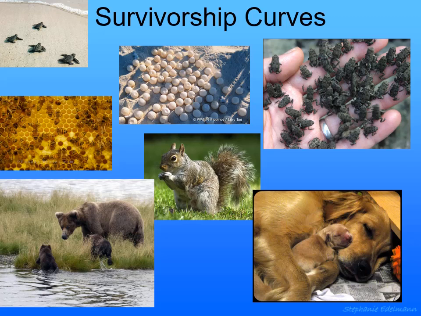Which brings us to the next organism, bees. Now, on the previous slide, it said that insects generally are type 3 because you have a lot of them, and then, you know, they're very likely to die. Bees, I would allow you to argue both a 2 and a 3.